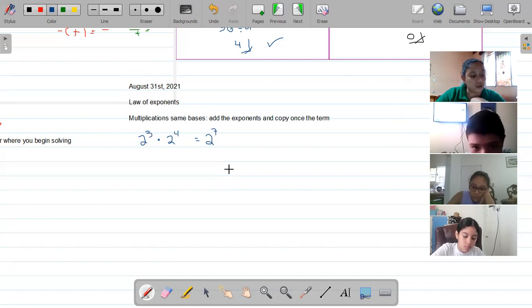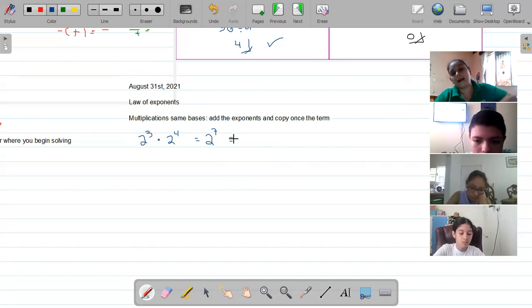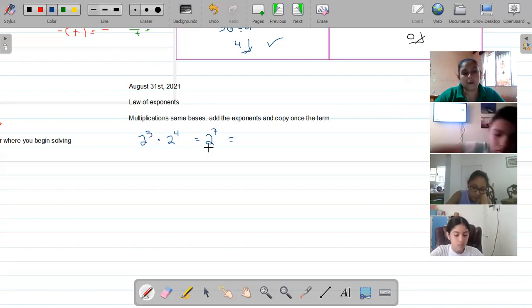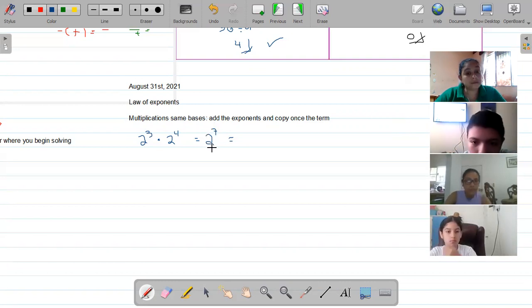And we leave it in exponential form. Now, if we want it in an extended form, that will be the simplification, and it will be like multiplying 2 7 times. We multiply the base as many times as my power says, as my exponent says.